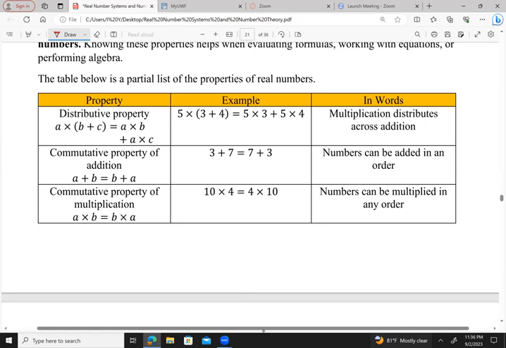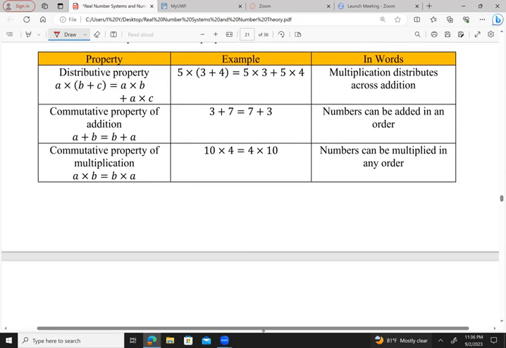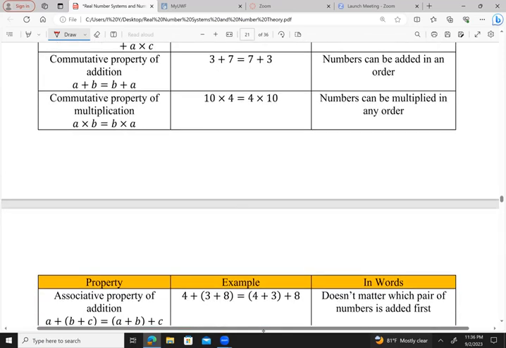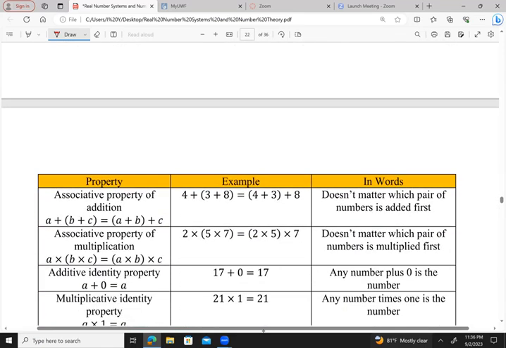Then we have the commutative property of addition. A plus B equals B plus A. Numbers can be added in any order. Then we have the commutative property of multiplication, which says A times B is the same as B times A. Numbers can be multiplied in any order. Then we have the associative property of addition.